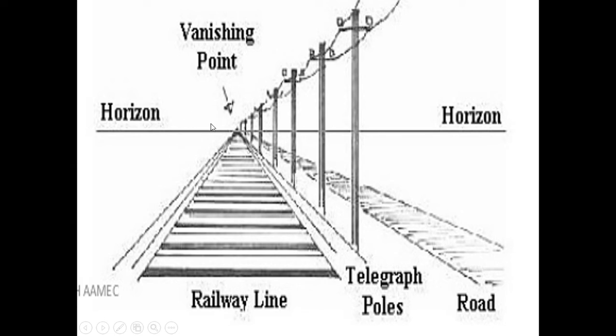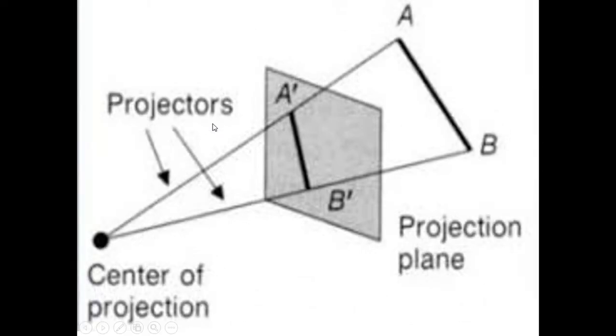Now, in perspective projection, this is the observer and AB is the object, and these are the rays of projection. This is the projection plane.